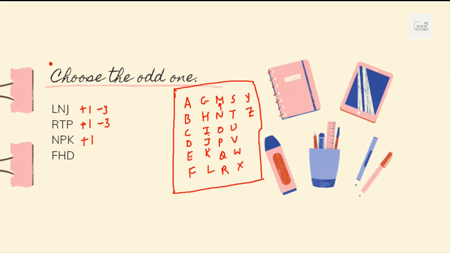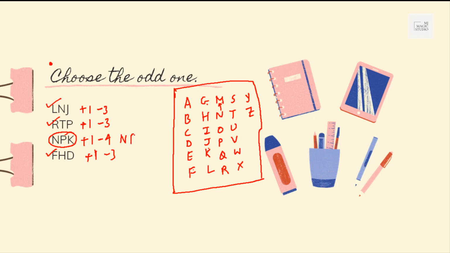K: but K minus 3, sorry, P minus 3 should give me K, isn't it? So P 1, 2, 3, 4, but -4 is giving K. Okay, F plus 1 is H, and H 1, 2, 3 minus 3 is T. Okay, LNJ is +1 -3, RTP, FHD, NPK would be the odd one out because the positional movement is not the same.